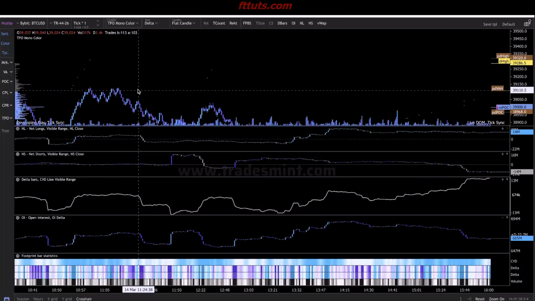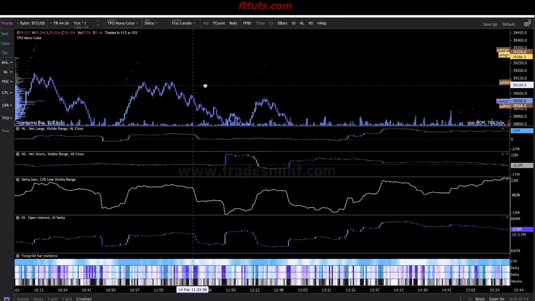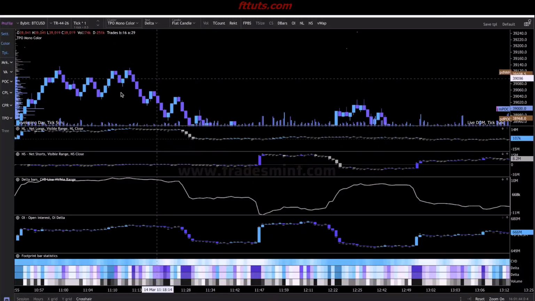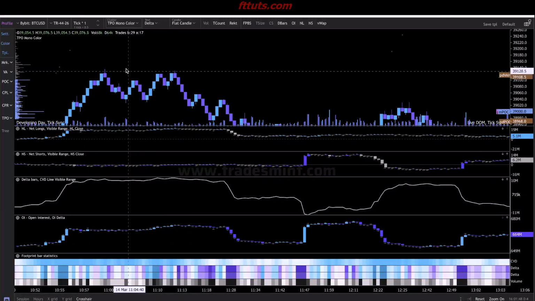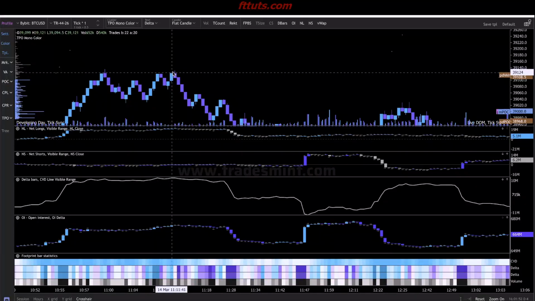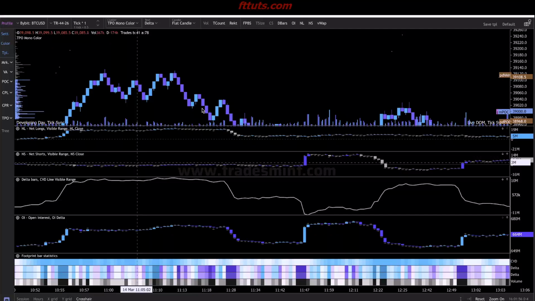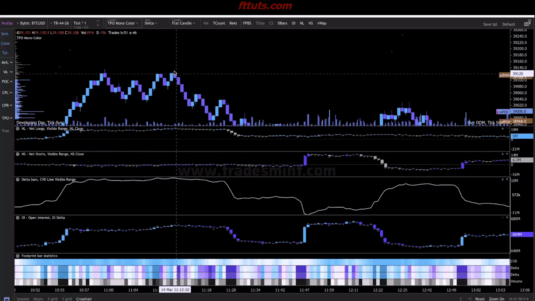right here, we came up to the previous day value area high. Okay, the previous day value area high. And at the previous day value area high, we can see that we put in a lower high from here to here. And we can see that the CBD was getting higher, okay? So this would have been our short signal because we have the wick right here.